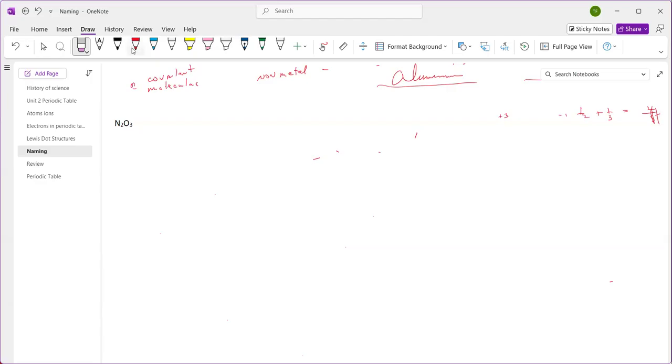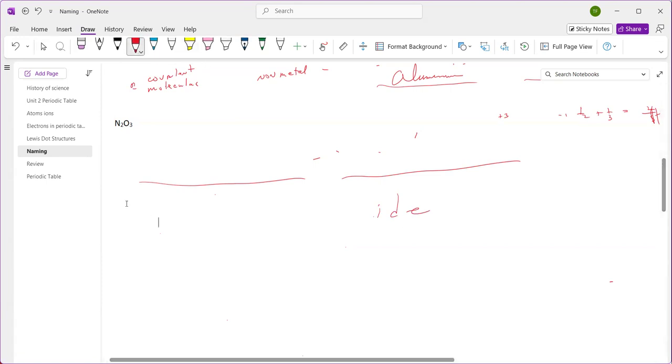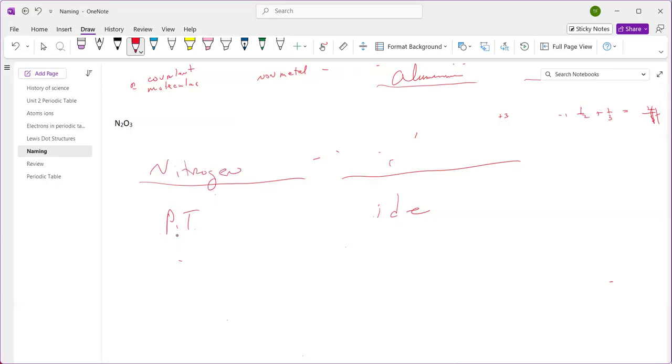Okay, so now we have to use the covalent naming or the molecular naming system. So we're going to have two parts again. Remember, this is an ide over here, and this is from the periodic table. Okay, so we're going to go nitrogen, oxide.